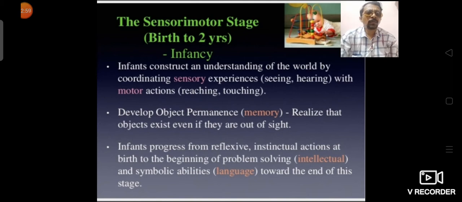Generally, we all observe small infants doing motor activities like reaching, touching. These depend on their basic intellectual developmental ability.